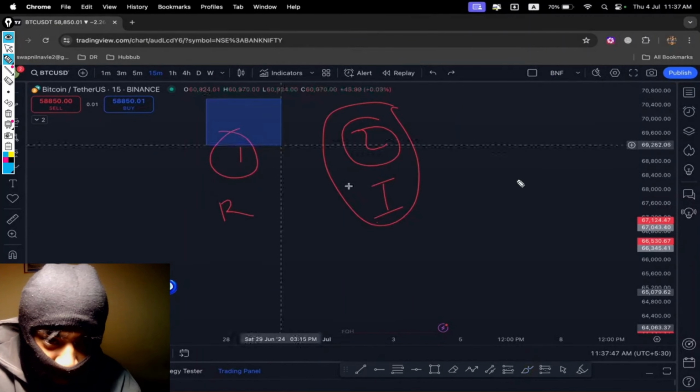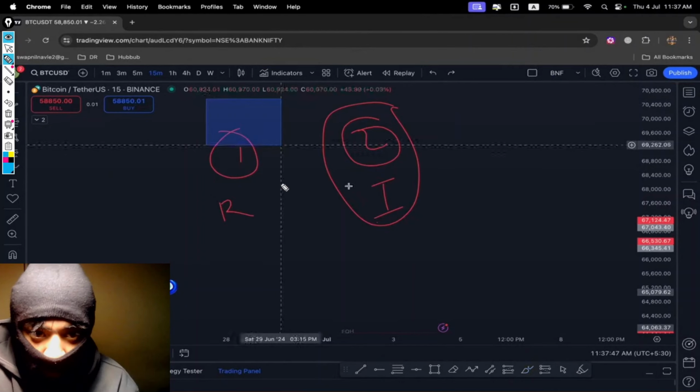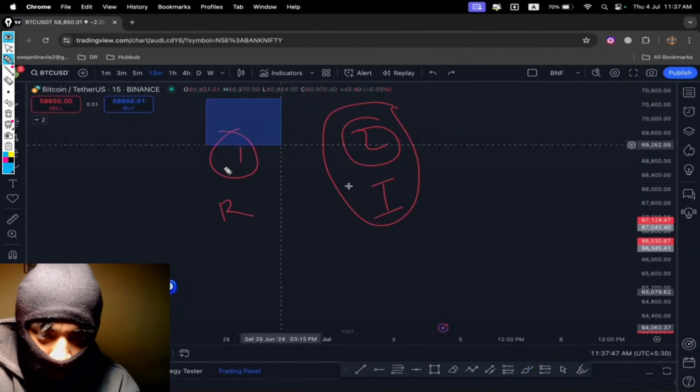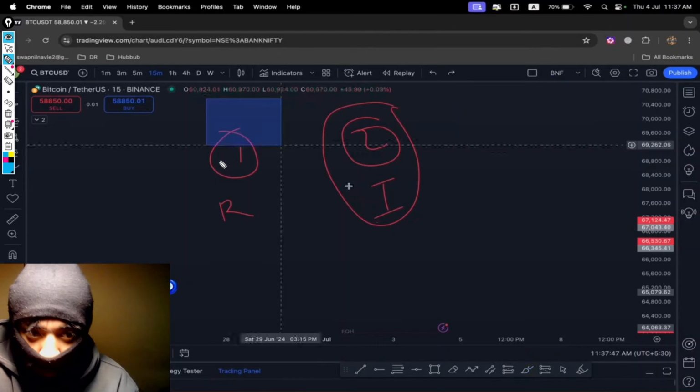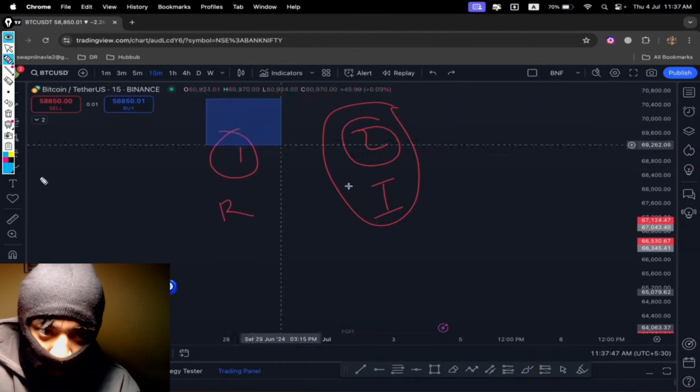And he's not saying that the W pattern doesn't work, or the M pattern doesn't work, or different kinds of patterns don't work. It works, but out of 10 it only works 1 or 2 times. So it's very rare that it works.